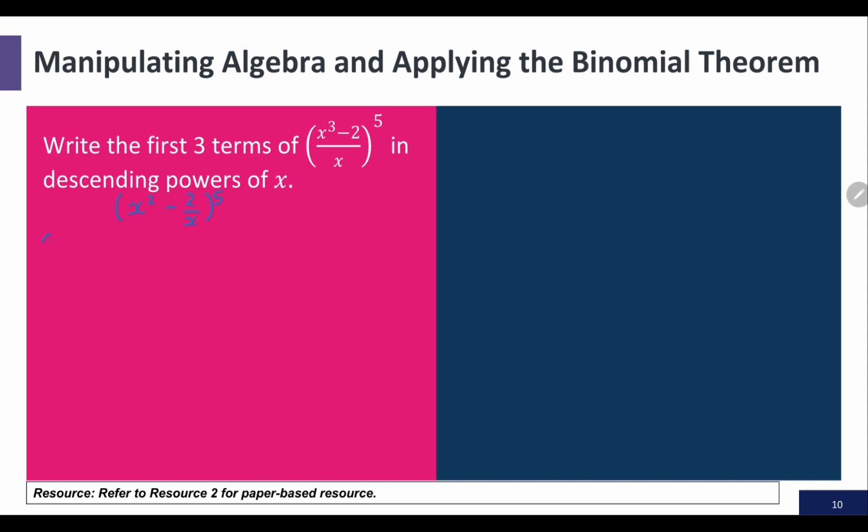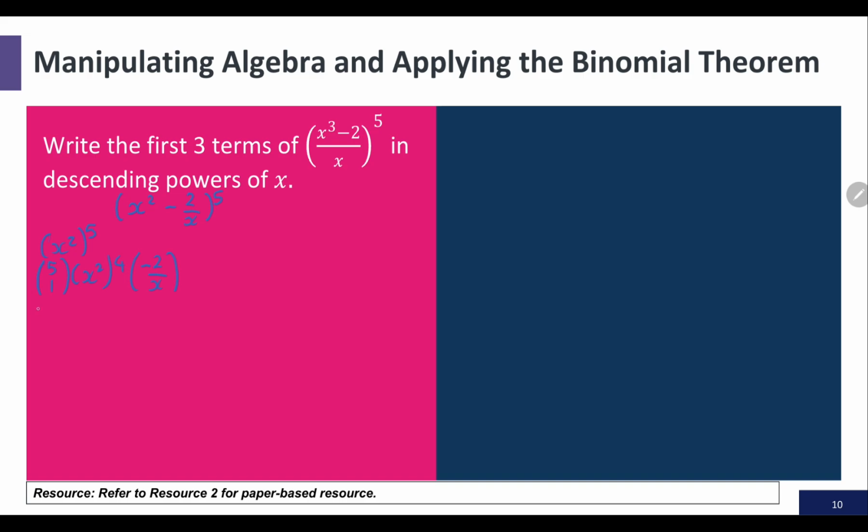First term is going to be x squared raised to the power of 5. I'm only doing 3 terms. The next one, 5 choose 1, multiplied by x squared to the power of 4, multiplied by minus 2 over x. How lucky are we?